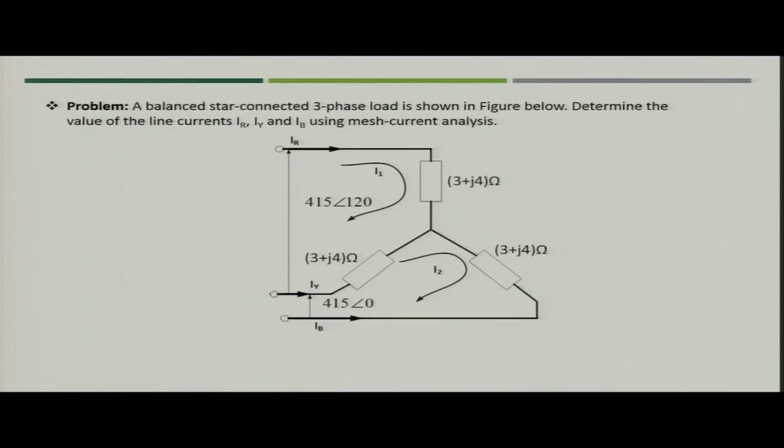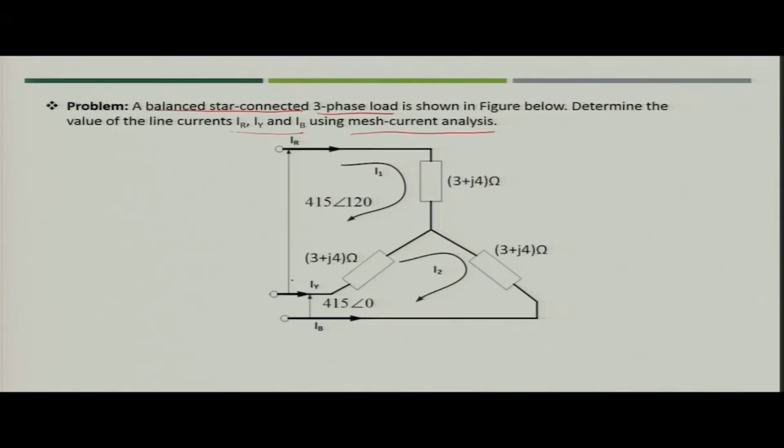Now, another example which you can take, and this is a very common example you will see in books. This is a balanced star connected 3-phase load, and we need to determine the value of currents flowing through R, Y and B phase. So, here also we can apply the mesh current analysis.